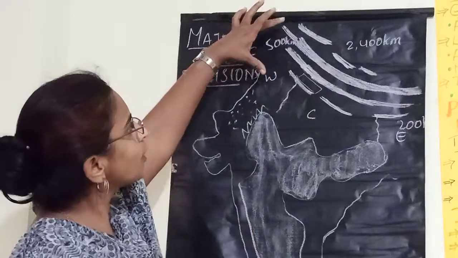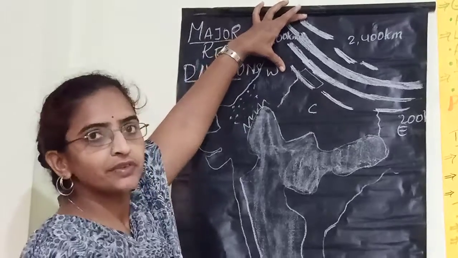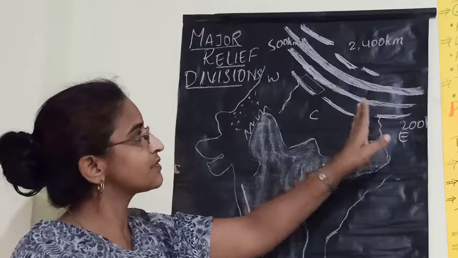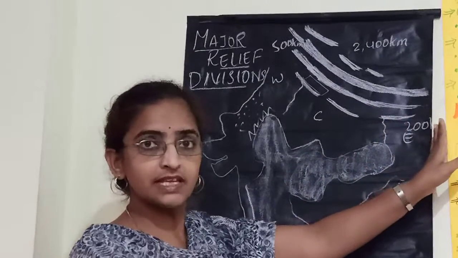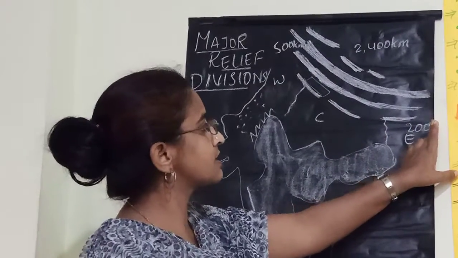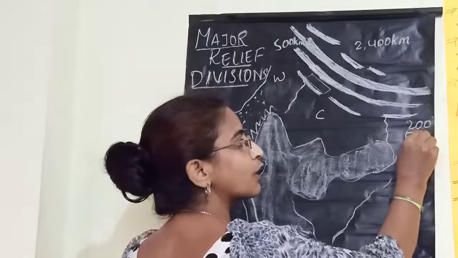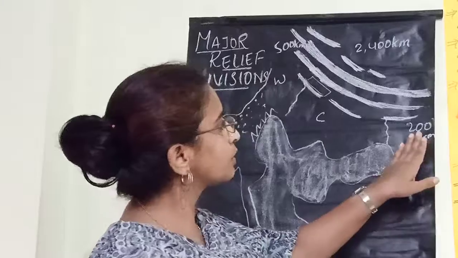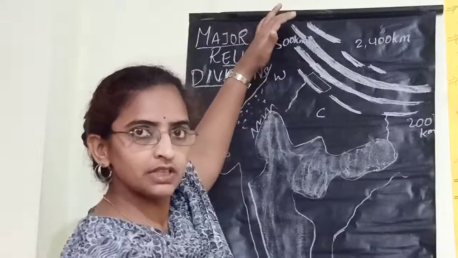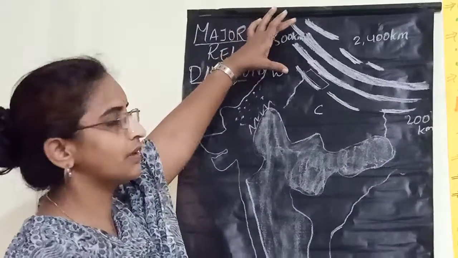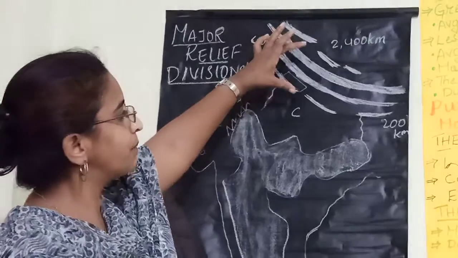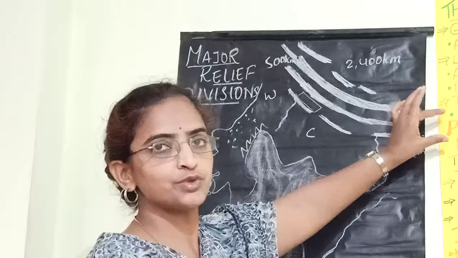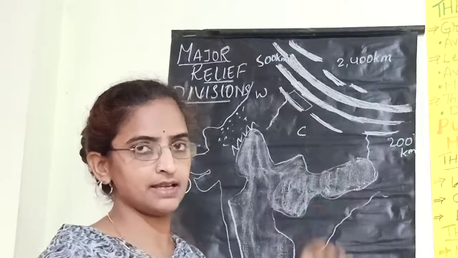The width of Himalayas in the north part of India is around 500 kilometers, whereas when moving towards the east it becomes narrow, down to 200 kilometers.